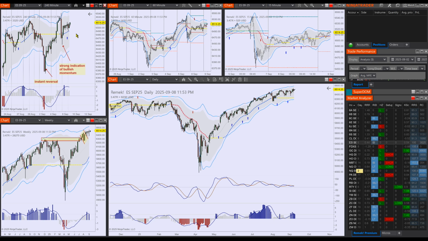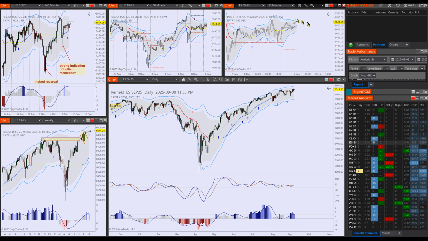Now, how do you want to turn this into a good opportunity? Well, simply, you can go along with Pro-STR. If this top breaks, you already have the algorithmic signal. Or, depending on the time frame you want to trade, you can pick the next long signal here on a 15-minute or similar chart.